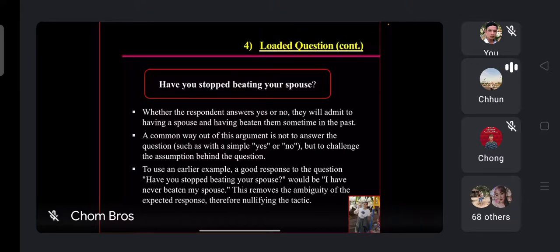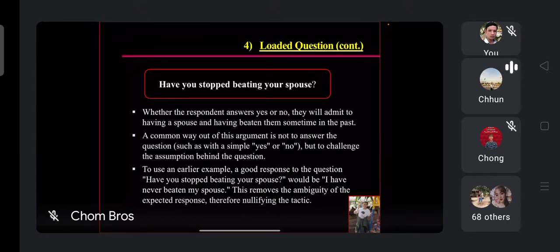This removes the ambiguities of the expected response, therefore nullifying the tactic.